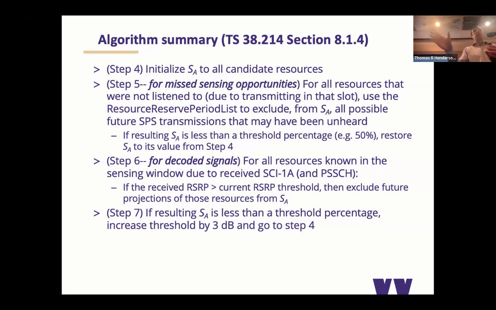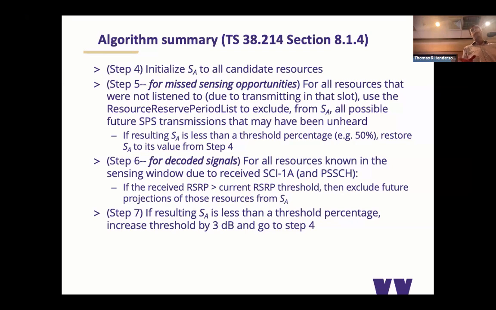So it basically goes into the selection window and blocks off all of these slots that correspond to possible transmissions that it missed. And then, once it's done all of that, it looks at the selection window and sees how many candidate resources are left. And if the resulting number is less than a particular threshold percentage, and there are 3 values in the standard, 20, 30, and 50%, that can be configured, then it throws away all that information and restores all the candidates to what was originally in the pool.